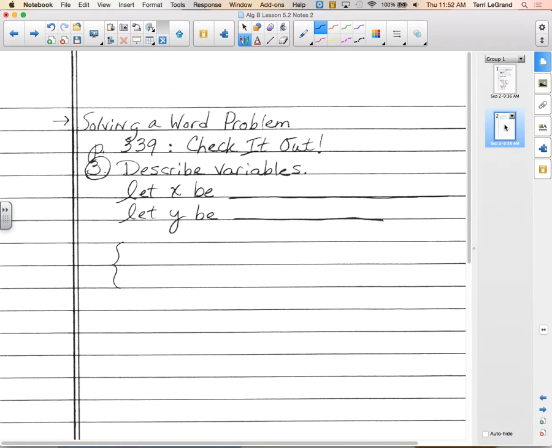Okay, we're doing check it out number 3, so it's underneath example 3, just a little bit past halfway down the page. Would you read that? Just kind of one long sentence there. Read it to yourself, please.